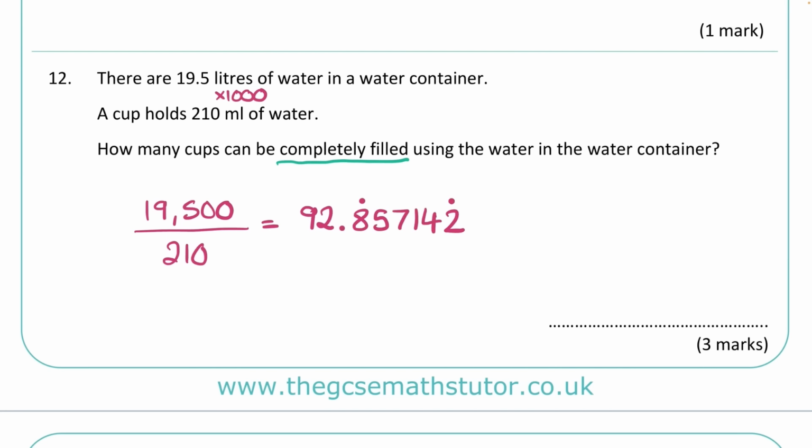The fact that we have a horrible recurring number there doesn't really matter, because what we have found out is that we don't quite fill the 93rd cup. We fill the 92nd cup, so we can fill 92, so we can put that answer down straight away, but there is going to be some water left over. So there we go, we would round it down here purely because it asks how many can be completely filled. But there we go, 92 cups can be completely filled.